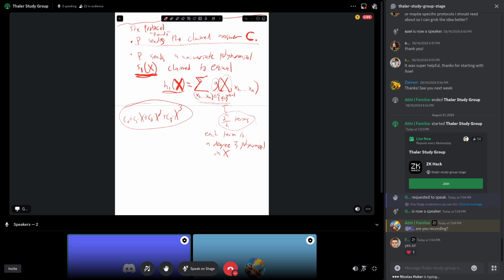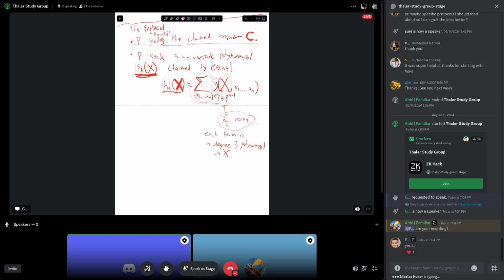So each term is very simple. There's a huge number of terms, but once you sum them all up, what comes out is still just a degree 3 univariate polynomial. And so S1 and H1 are very simple objects. They just have 4 coefficients, even though H1 was defined by this giant sum. Okay.